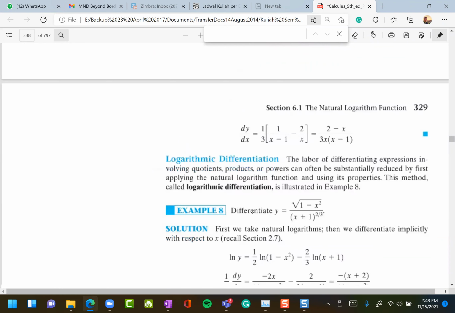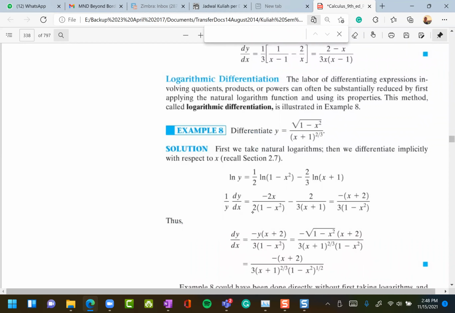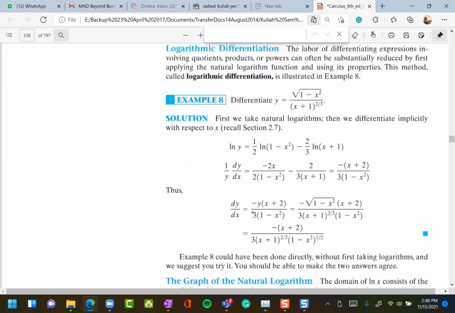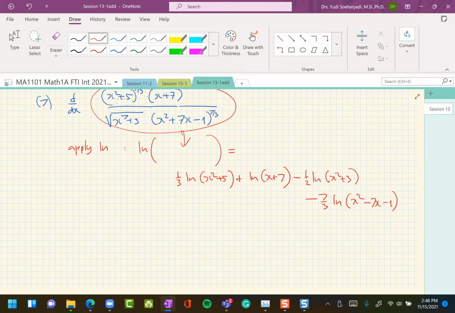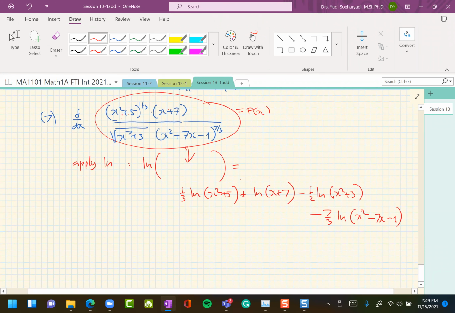Yeah, this one. So let's take the derivative. See, this is f of x. Here, this is the log of f.